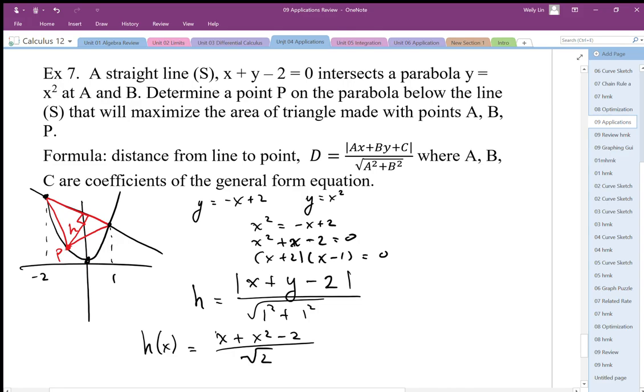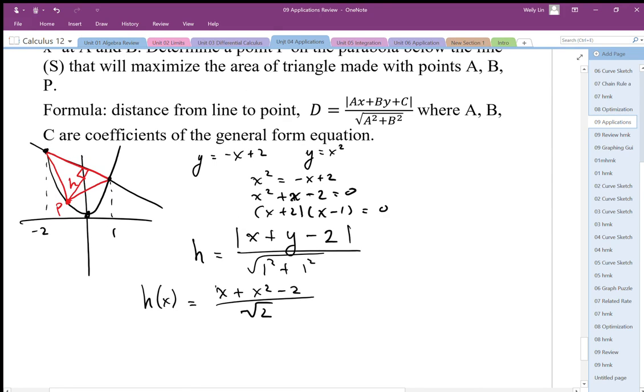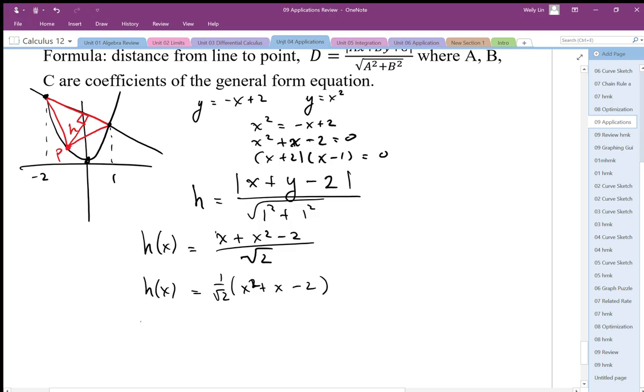And I'm going to find the coordinate of that point which will maximize the height, which then will maximize the area. Okay, so differentiating, I'm just going to rewrite this to make it look a little bit nicer. It's going to be 1 over root 2 times x squared plus x minus 2, and I want to find out where this derivative is equal to 0.